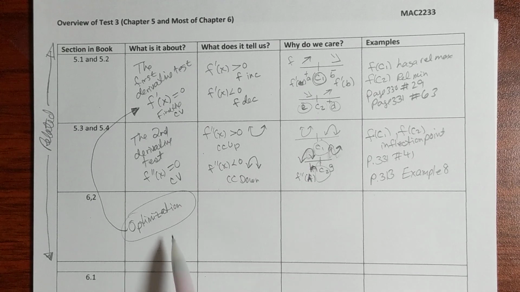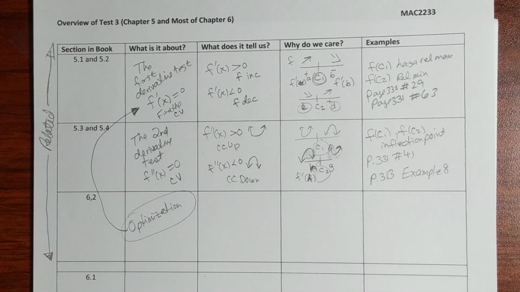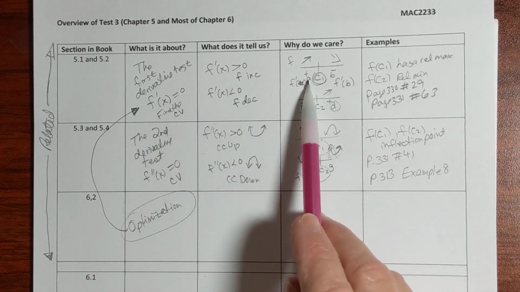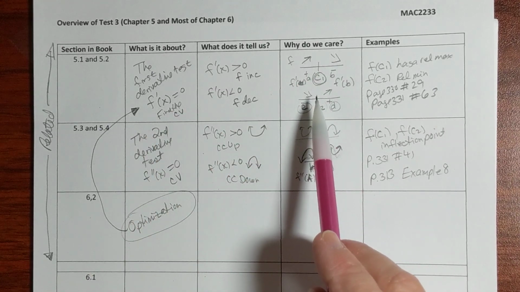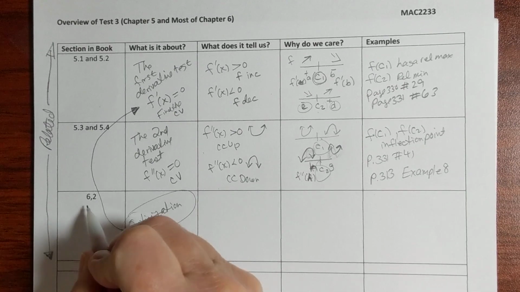So it's basically what we learned in 5.1 and 5.2, to find where it is going to maximize something or minimize something. And we do the same stuff. We test it. We see if there's a max or a min and determine this value would maximize it or this value would minimize it.